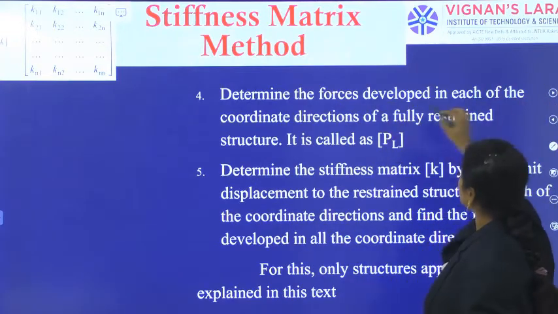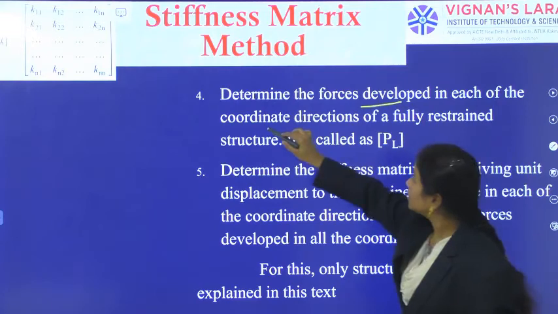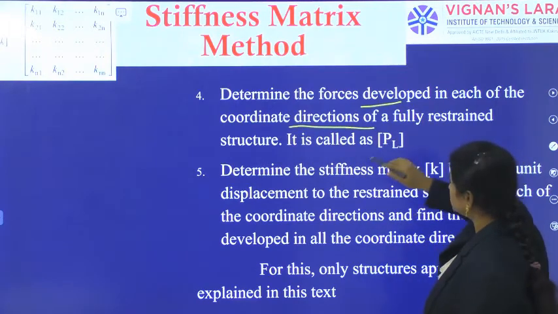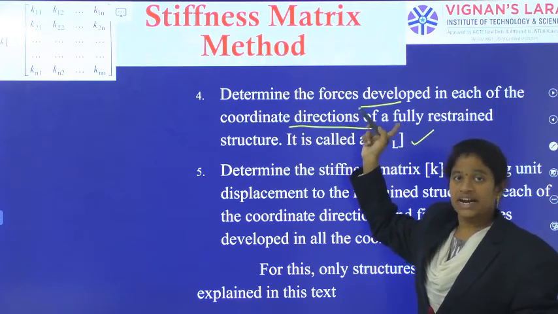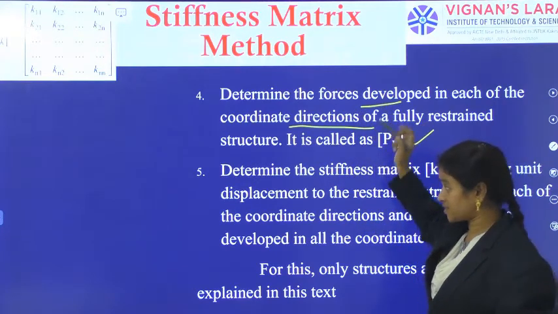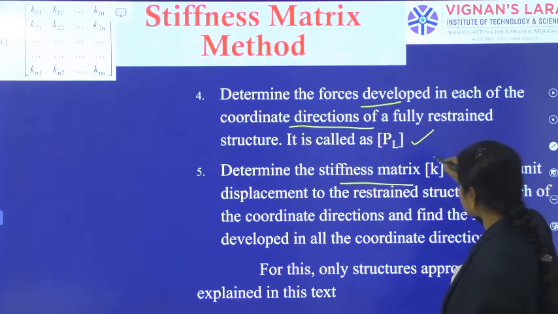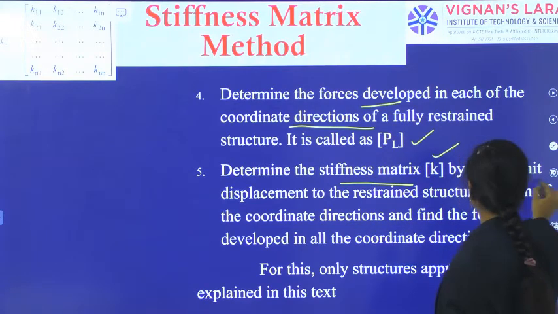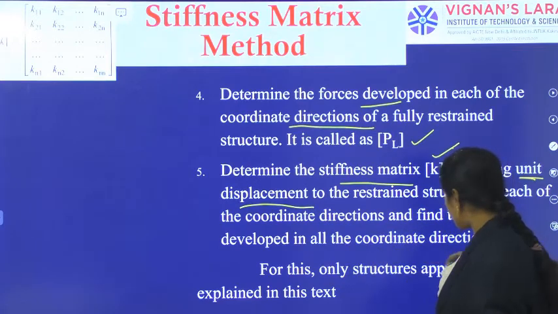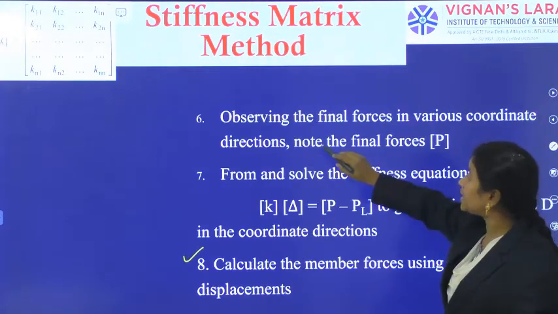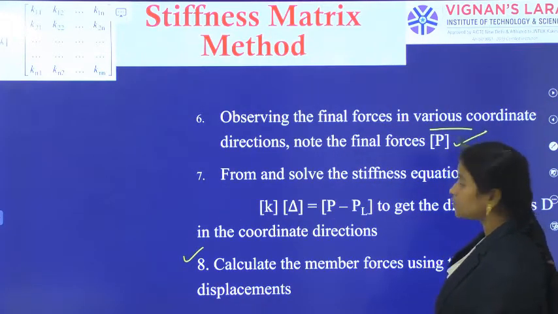Then determine the forces for the restrained structure, that is, the forces at the coordinates. And then develop the stiffness matrix using unit displacement application at the coordinates. And finally, observing the final forces, we will calculate P.